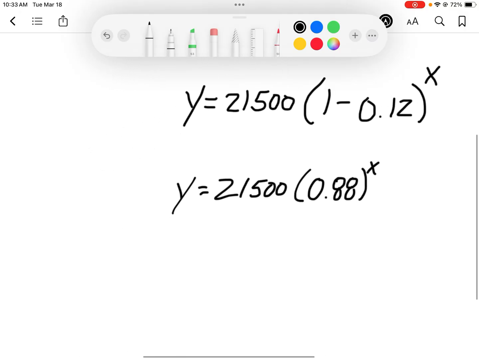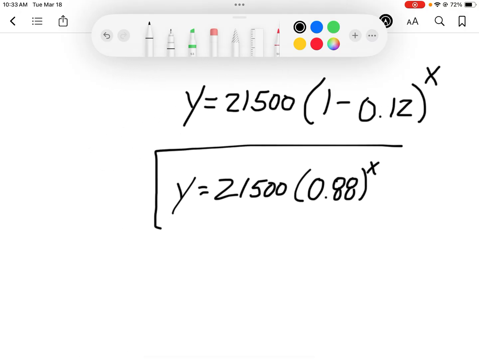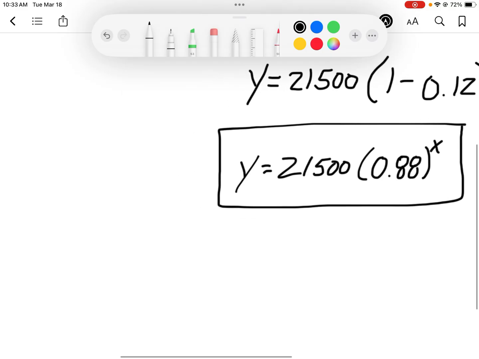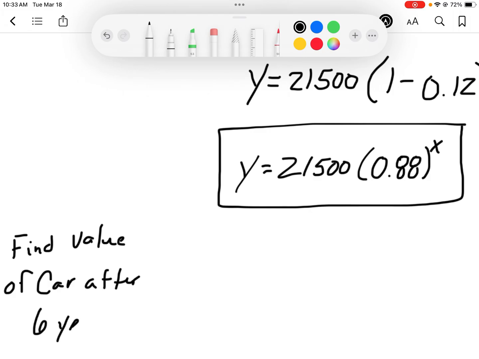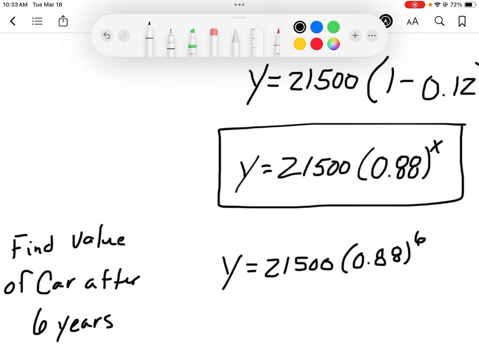So we're going to say find the value. So this would be like part A. This was the model. And we're going to say find the value of the car after 6 years. So that means our x is becoming, because y is our value, x becomes 6.